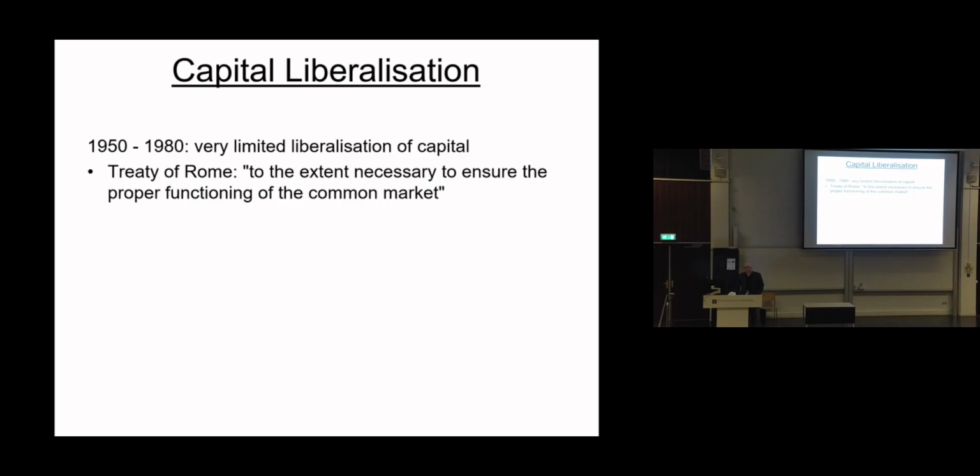Actually, it was quite limited. In the Treaty of Rome, it was mentioned to the extent necessary to ensure the proper functioning of the common market. And still today, we are still struggling with that. The Draghi report 2 years ago also mentioned calls for capital liberalization in order to have a strong and dynamic capital market.